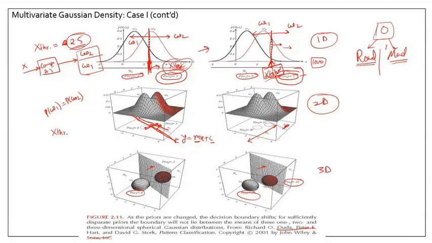Okay. Now when you go to more features, say you are going for 3 features to decide mud and road, the situation will be like this. So instead of a decision line, you have a decision plane. This side of the plane is omega 1, and this side of the plane is omega 2. Now what you have to remember is the plane equation.